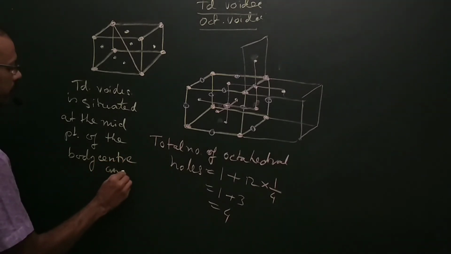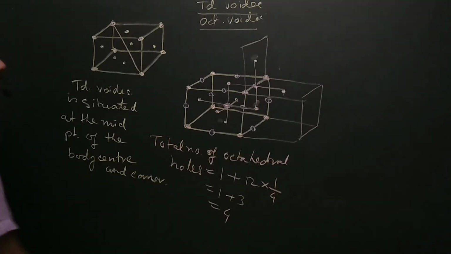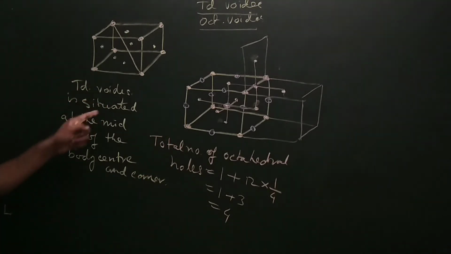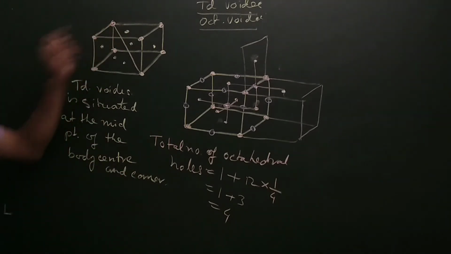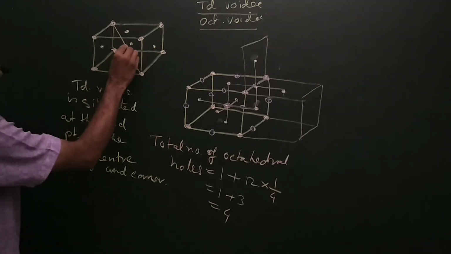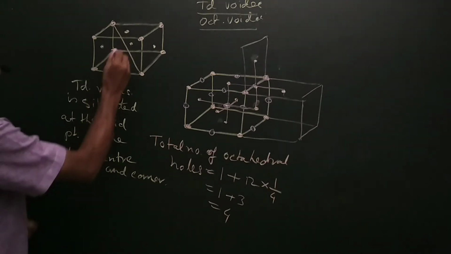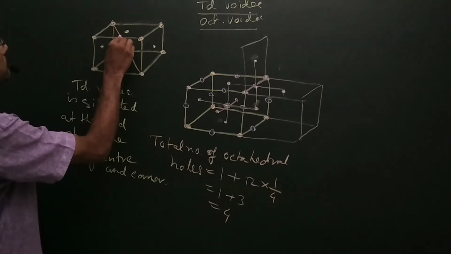The tetrahedral void is situated at the midpoint of the body center and corner of the cube. You could take a screenshot of this one also. Now see, the midpoint is here. So the tetrahedral void is situated at this position.